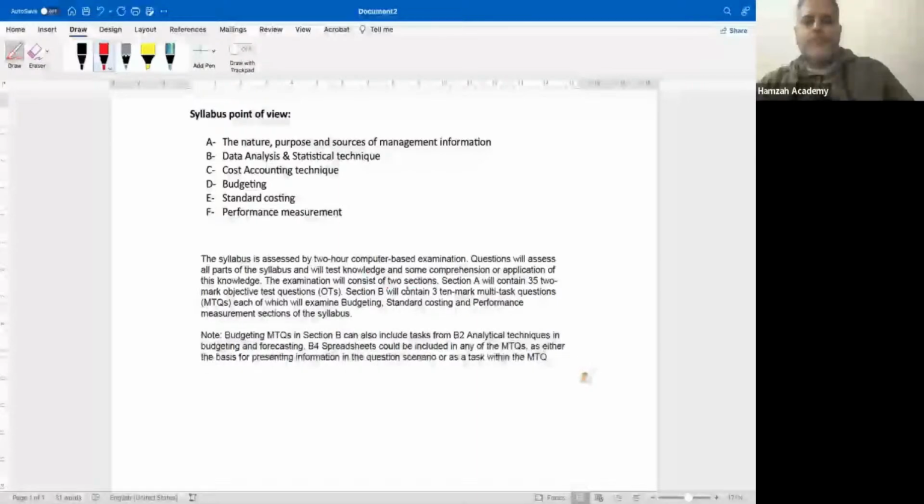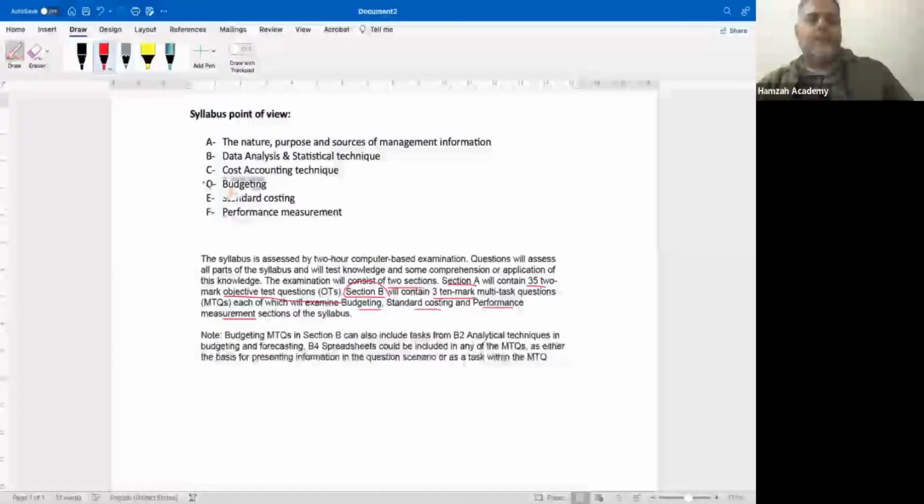The examination will consist of 2 sections. Section A with 35 2-mark objective test questions, the OT questions, and section B is going to contain 3 10-mark multitask questions, the MTQs, each of which will examine budgeting, standard costing, and performance measurement.